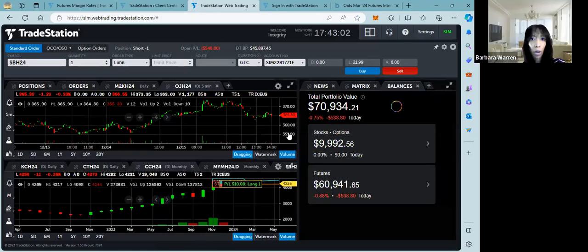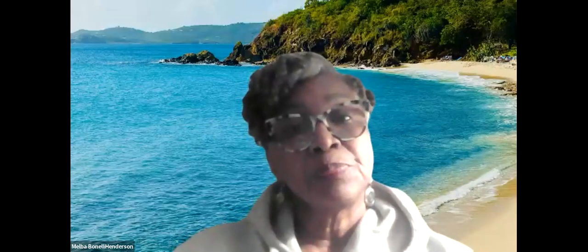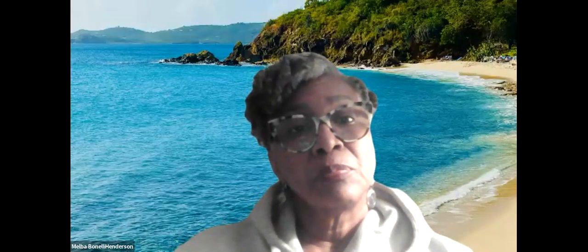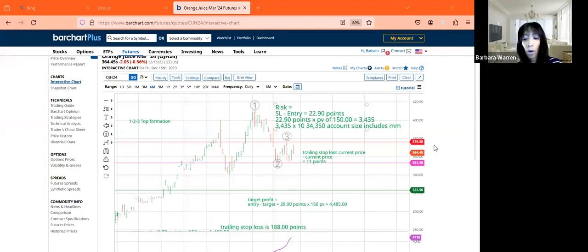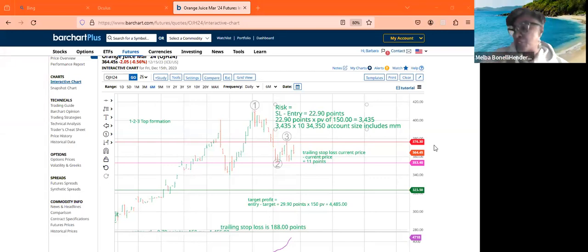Can everyone see my bar chart? No, we're in TradeStation. Okay, hold on, let me share again. How about now? Can everybody see that bar chart? Yes. Okay.